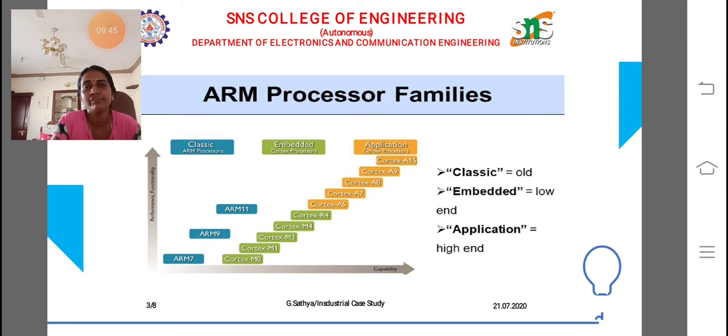Our define part is fully based on application orientation; we are focusing only on the Cortex series, that is Cortex-A, Cortex-R, and Cortex-M, focusing on higher-end applications. Our empathy part deals with the basic processors, the old processors, that is the ARM7, 9, and 11 series.